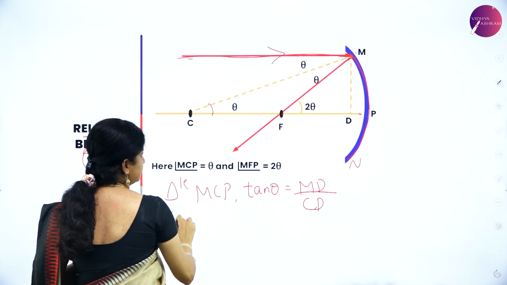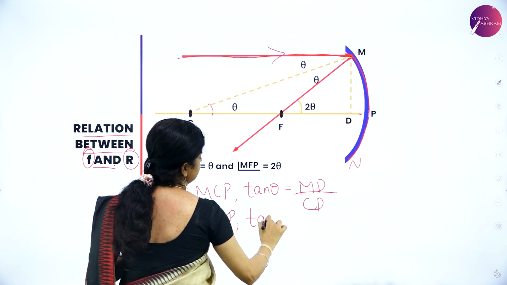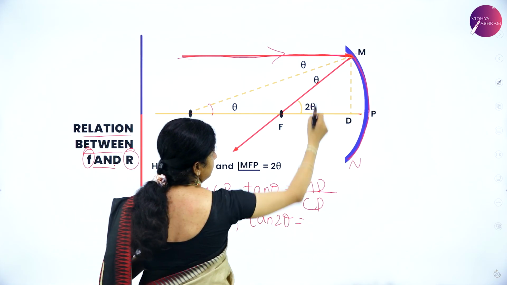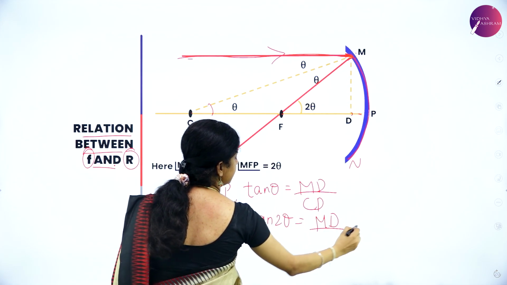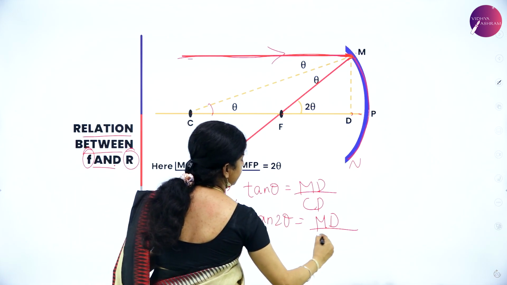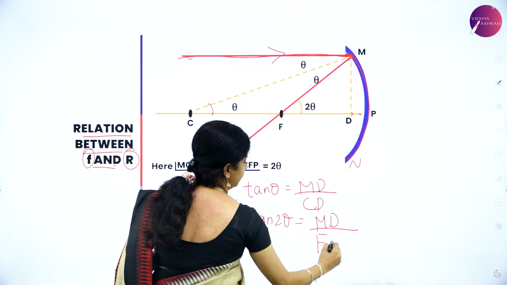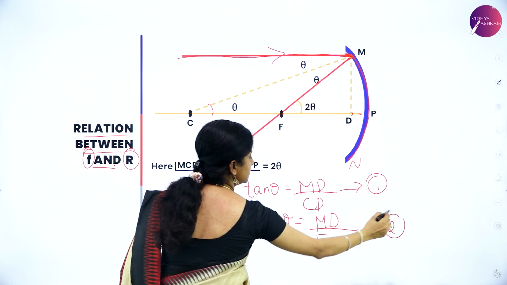Similarly, from the triangle MFP, tan 2 theta is equal to, I am considering this triangle now, the opposite side MD, or you can even consider it as MP, divided by FD. Now, I will call this equation 1 and this equation 2.